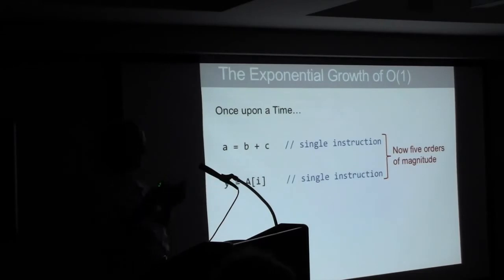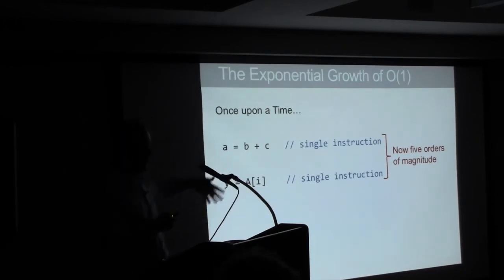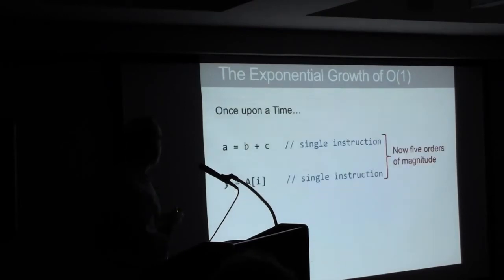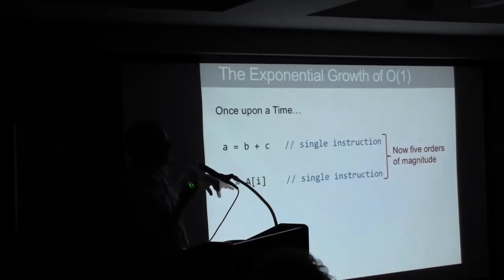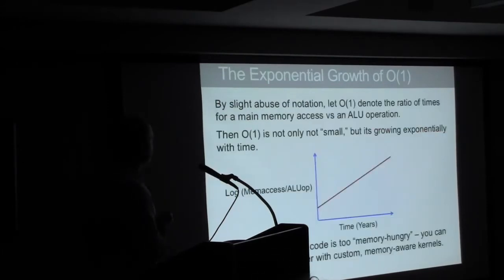In fact, main memory latency has probably gotten worse because the arrays are bigger and so on. If this is a truly random access, it's about 50 to 100 nanoseconds, so that's actually between 5 and 6 orders of magnitude, depending on how mean you are. When we design algorithms, we treat both of those as O(1), as constants.